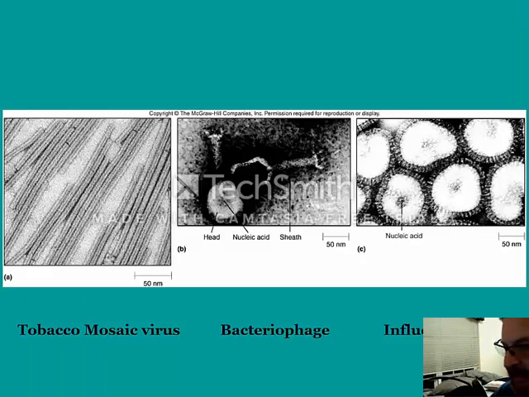Okay. Now, for viruses, we again need an electron microscope. Okay, and so in panel A, you can see a filamentous virus called the tobacco mosaic virus. In panel B, you see a bacteriophage, and a bacteriophage is a virus that infects bacteria specifically.